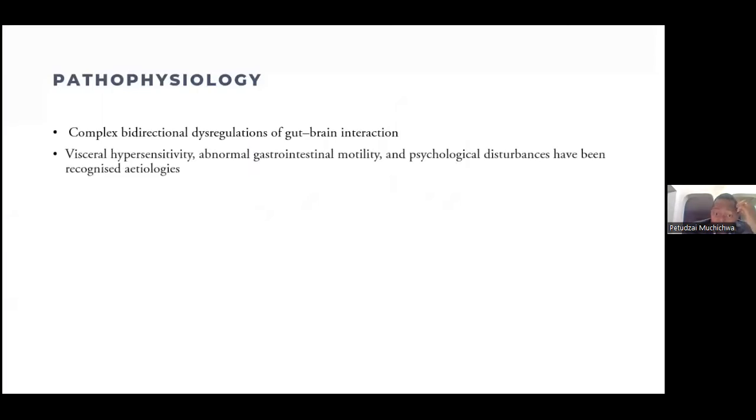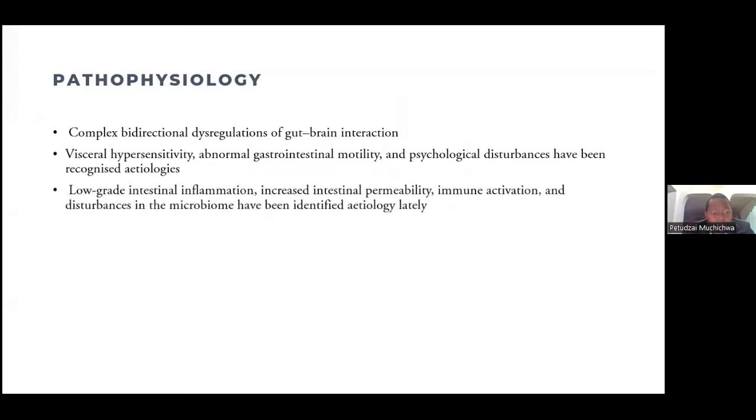that participated. In terms of pathophysiology, it's actually a complex bidirectional dysregulation between the gut and the brain. We see from the diagram that I will present, visceral hypersensitivity, abnormal gastrointestinal motility, and psychological disturbance have been recognized etiologies.